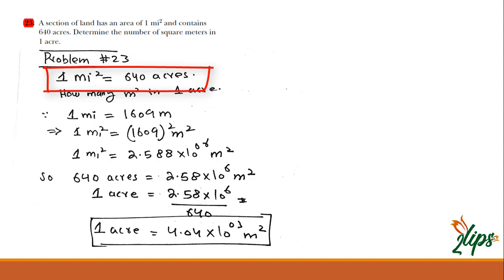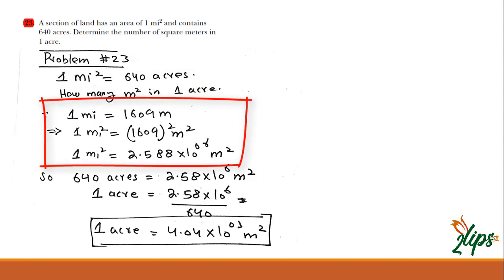Also we know that 1 mile is equal to 1609 meters. If I take it square, I will get 1 mile squared is equal to 2.588 times 10 raised to power 6 meters squared. This expression gives the relation between mile squared and meter squared.